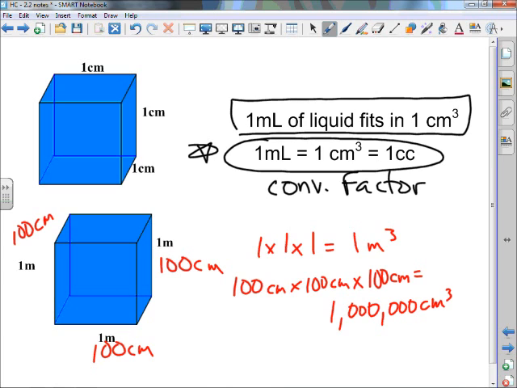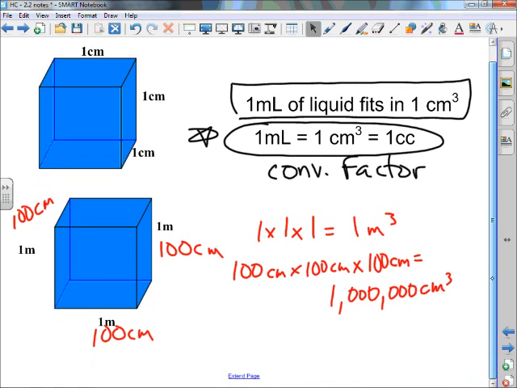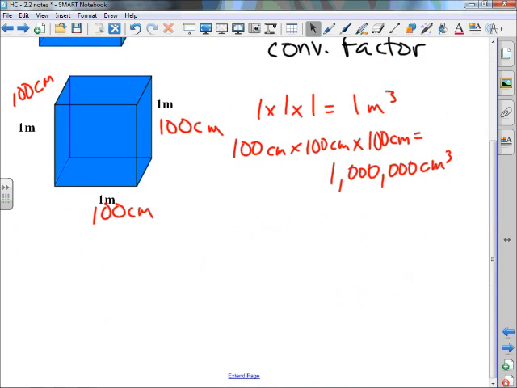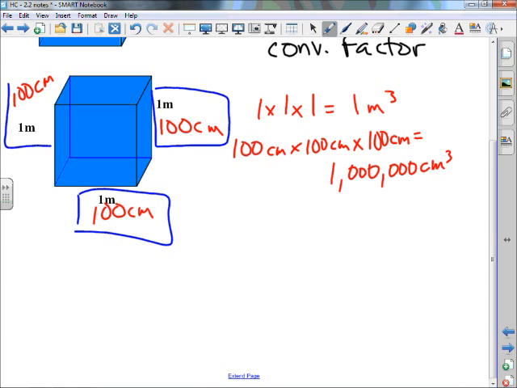Now I think, wait a second, I thought I learned back at the beginning of the section that meters and centimeters was just 2 decimal places. You're correct. But now look at the calculation. What did we just do? We did a calculation that involved meters and centimeters once, twice, 3 times.